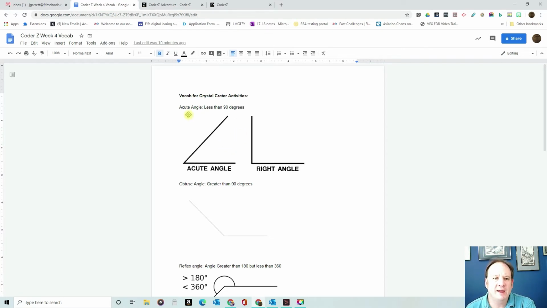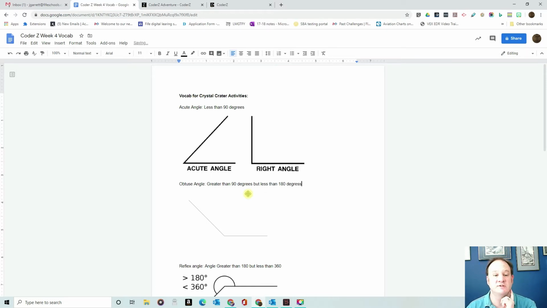So you've got acute angles. An acute angle, hopefully you remember, is less than 90 degrees. You've got your right angle. An obtuse angle is greater than 90 degrees, but less than 180 degrees.